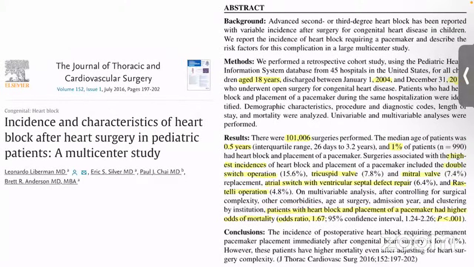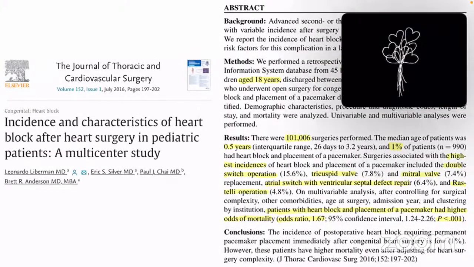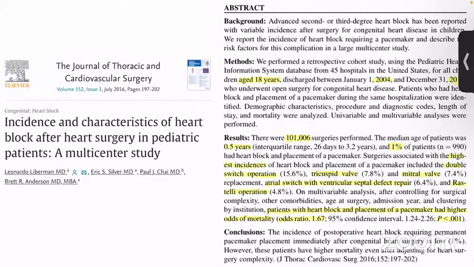I found this study on the incidence and characteristics of heart block after heart surgery in pediatric patients. They recruited patients aged under 18 years from 2004, around 100,000 patients, and found that only 1% of the patients, around 990, had heart block requiring placement of a pacemaker.